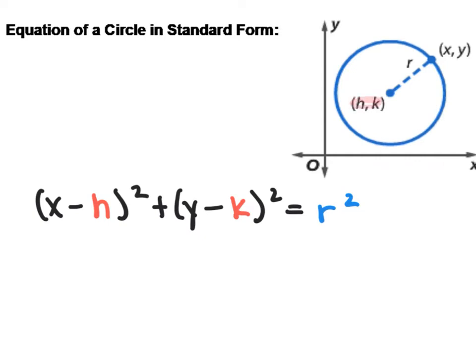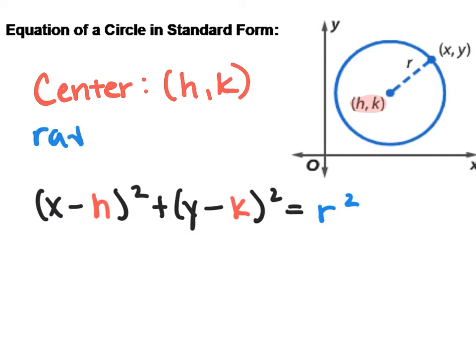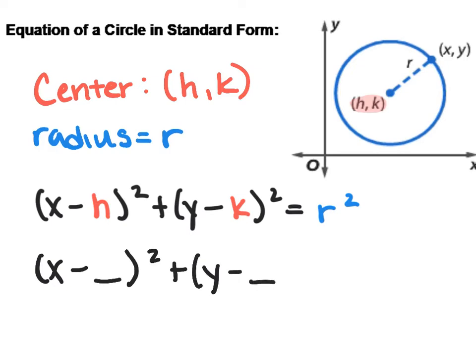Using that, the center is located at h, k, and the radius equals r. So essentially, if we want to rewrite it with blanks, we could treat it as x minus the blank squared plus y minus the blank squared equals the blank squared.